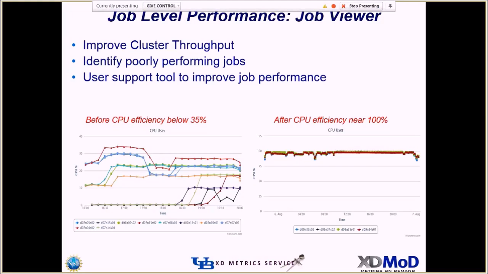And like I said, I forget what the details of this particular run were, but after working with them, if you look at the plot on the right, on 4 nodes, they were able to achieve 100% CPU user. And so these are the type of jobs that you can pretty easily identify with the software that we're going to describe here, and that's the real reason, and that's the motivation for this project.